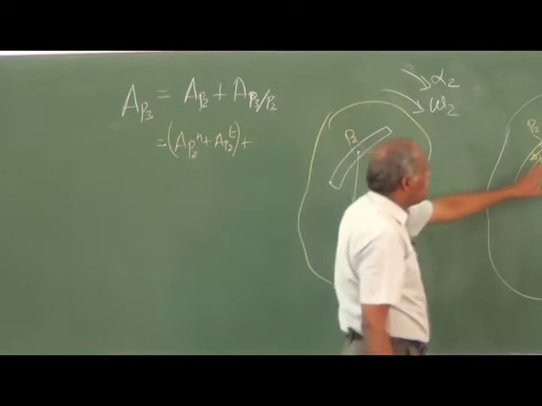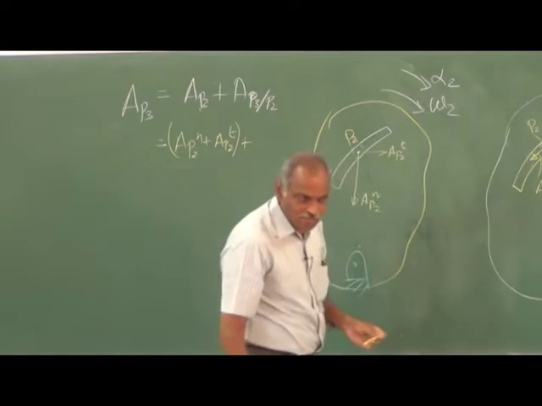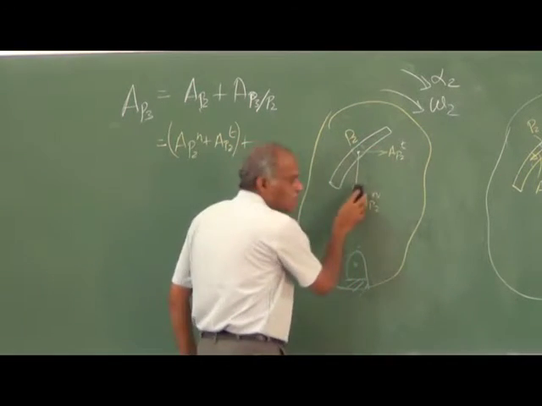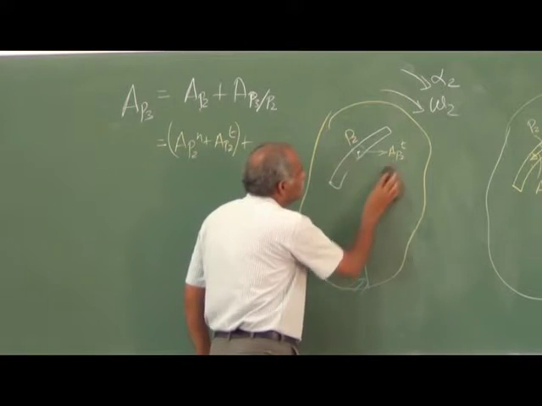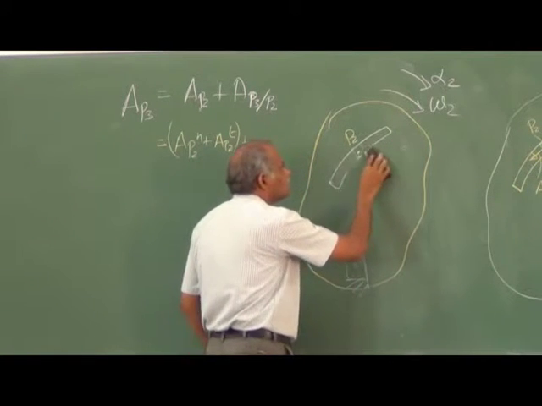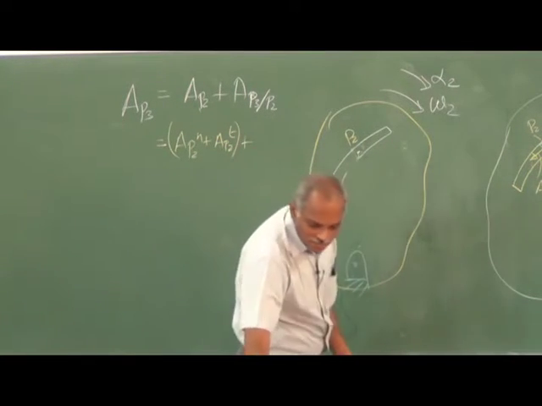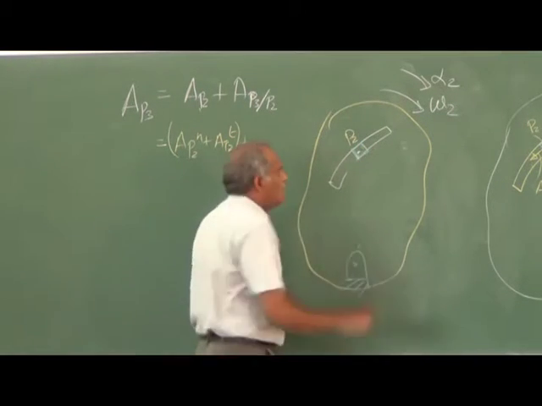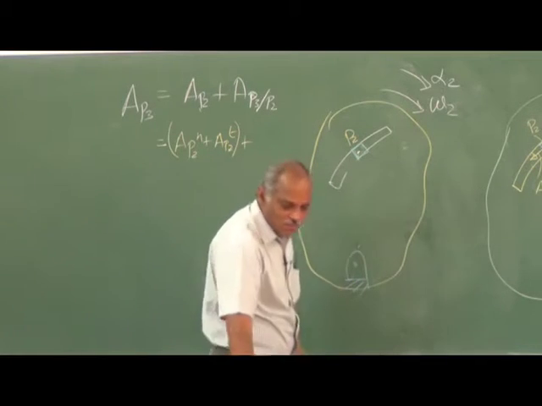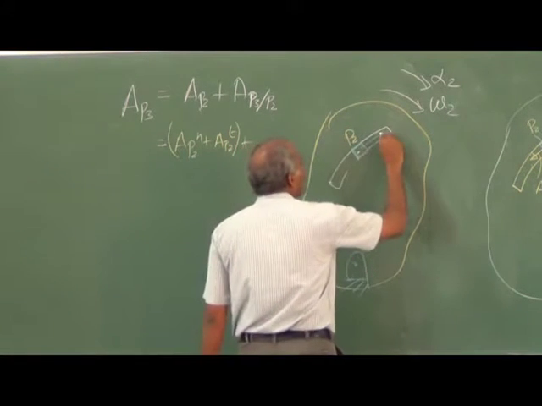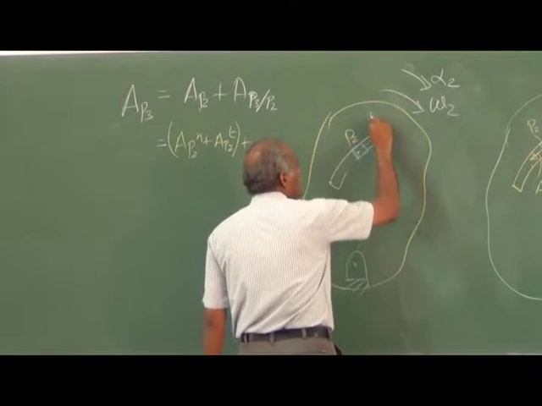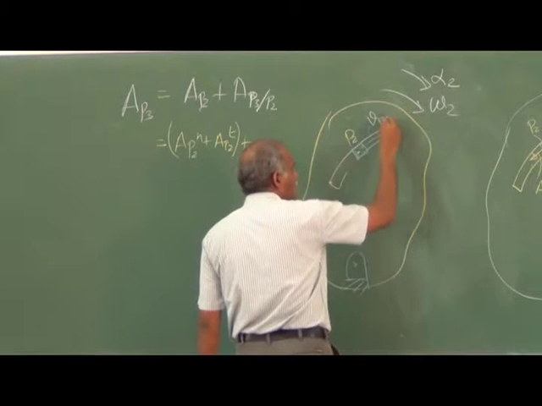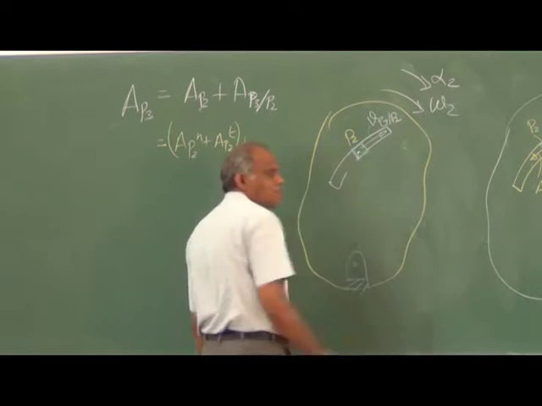Now there is a slider. To avoid confusion, let me rub this out. Now I have a slider. The slider is moving at a velocity of v. That velocity is the velocity of P3 with respect to P2.